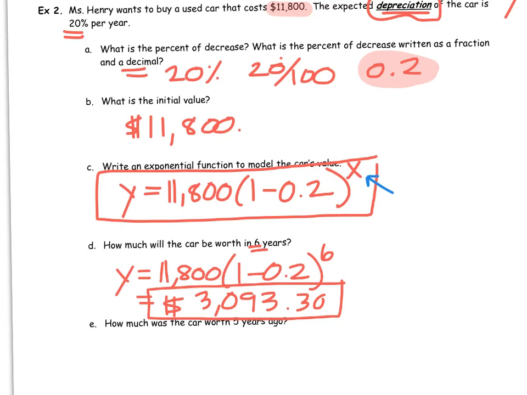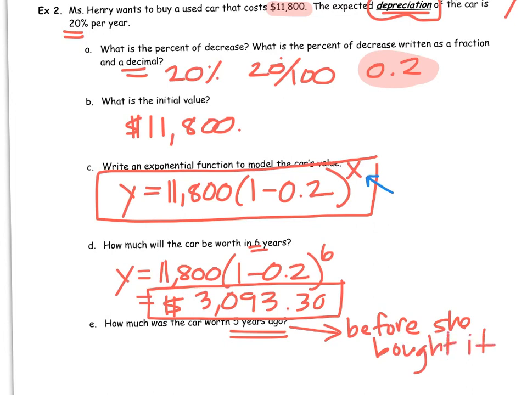The next question says, how much was the car worth 5 years ago? And this is another one going back in time. 5 years ago means before she bought it. And since we're talking about before she bought it, we're going to use -5. We're going to plug in -5 for x.